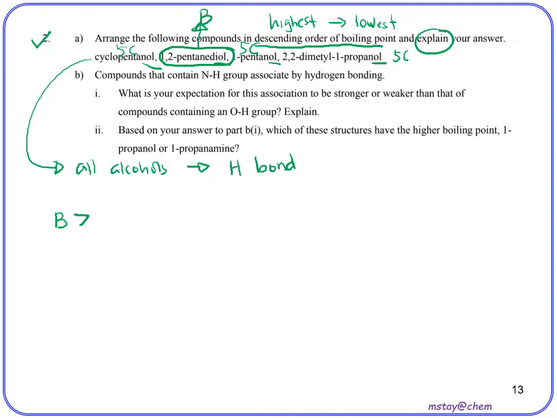Definitely cyclopentanol, the first compound A, because it is a cyclic compound with a planar structure, then followed by 1-pentanol, which is the straight chain, and the lowest boiling point will be 2,2-dimethyl-1-propanol because it has more branches.